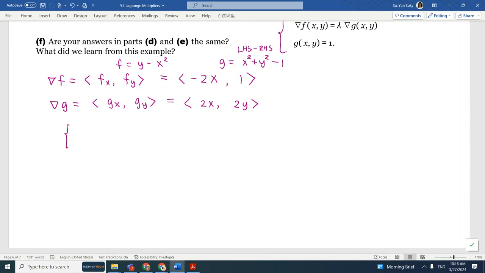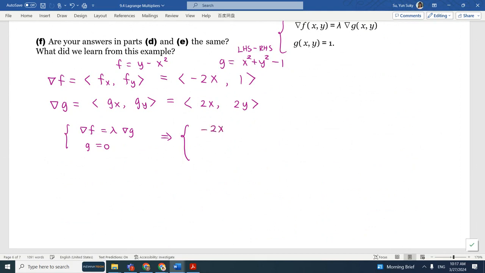Now we set up the system. Gradient f equals lambda times gradient of g, and g equals 0. Look at the gradient of f. This is a vector equation. It means the first component on the left-hand side is lambda times the first component of the gradient of g.